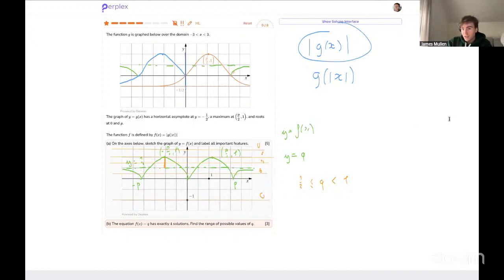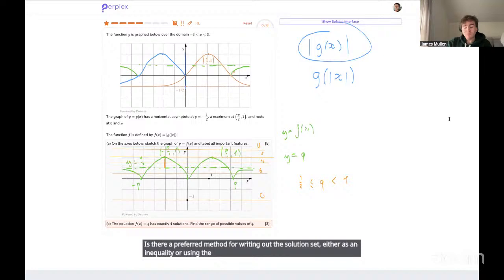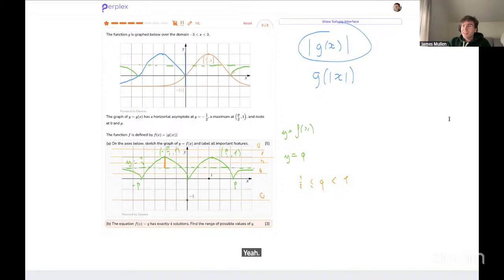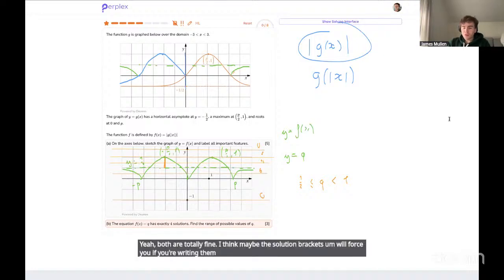Is there a preferred method for writing out the solution set, either as an inequality or using the inclusive-exclusive brackets? Both are completely fine. I think maybe the solution brackets will force you, if you're writing them out, to really double check whether things are inclusive or exclusive. I think it's easy when you're writing out an inequality.